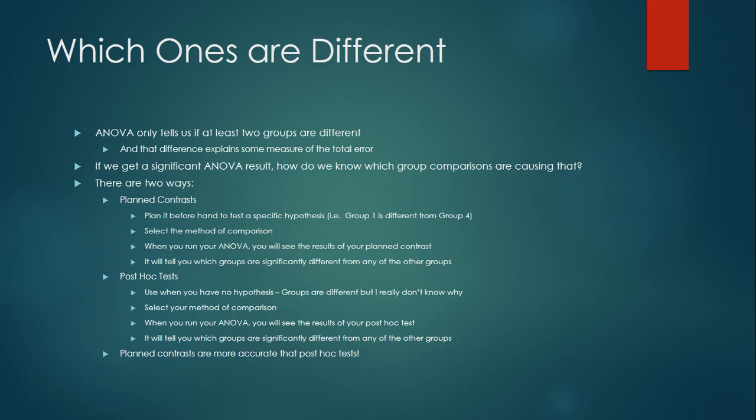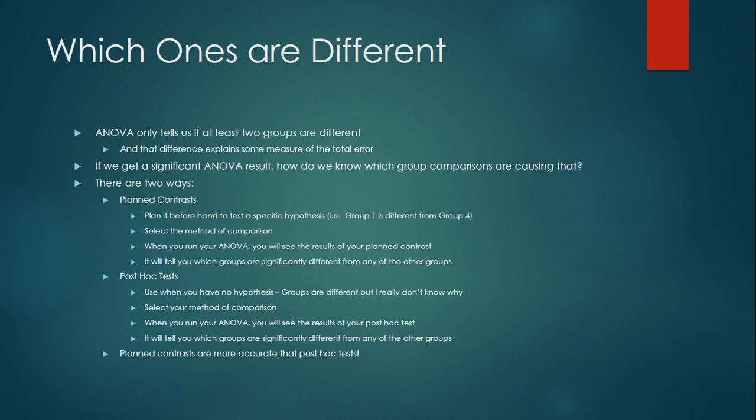So if we get a significant ANOVA result, how do we know which group comparisons are causing that? There are 2 ways. If we have an idea, for example, in our math example, if we thought that group 1, where there's no intervention, has a mean that is statistically significantly different from group 4, then we could set up a planned contrast. A planned contrast is where we do a 2-way comparison. We compare control to all 3 of the treateds.